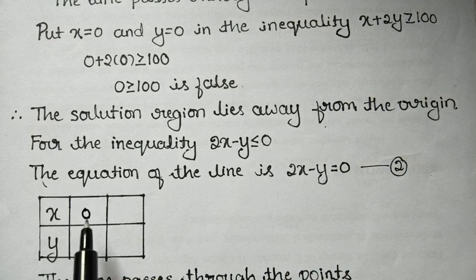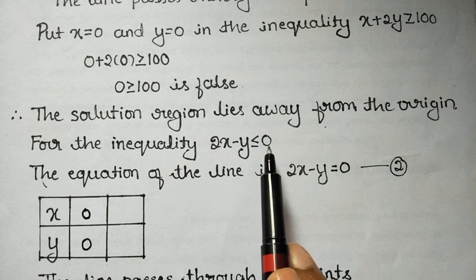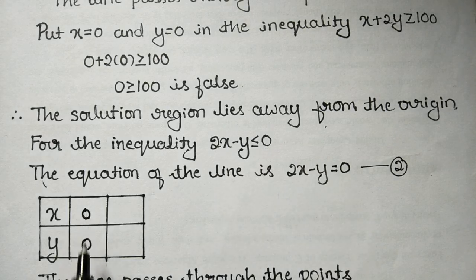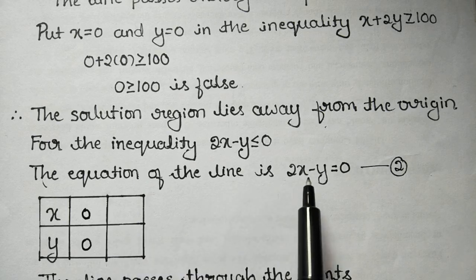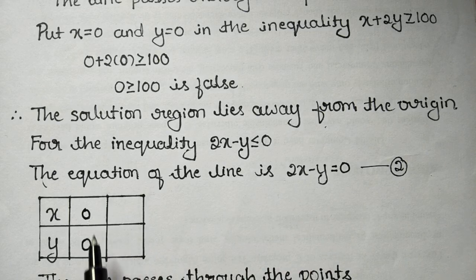Observe here. The point on the line is (0, 0), that is the origin. The line passes through the origin. When the constant in the inequality is 0, then always the line passes through the origin. So if I substitute y as 0 in the equation, again we get the value of x as 0. We get the same point.